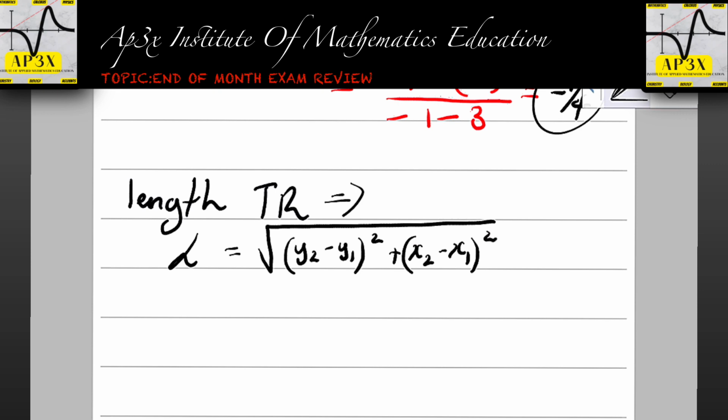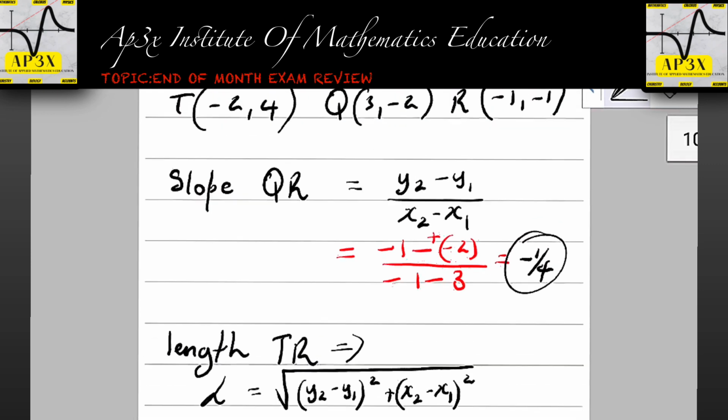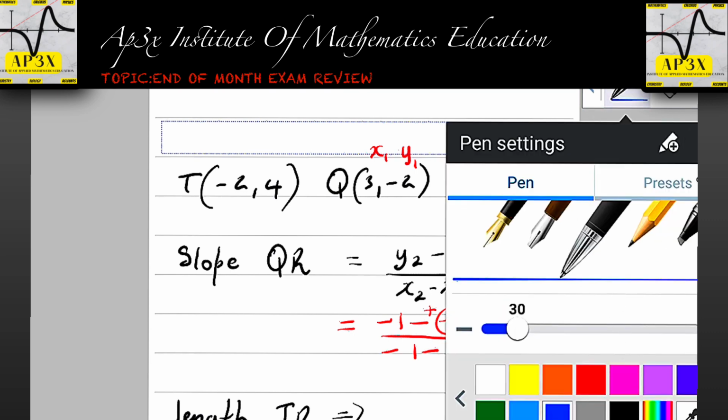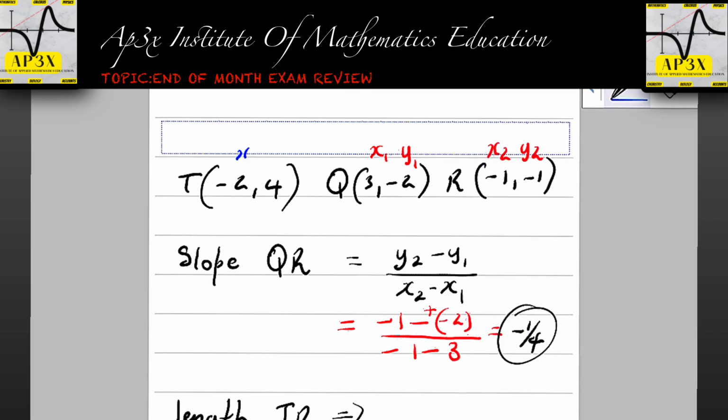And so of course, we're looking at T and R. So I'm going to still keep R to be my x2 y2, but I'm just going to shift over here and call this my x1 y1.